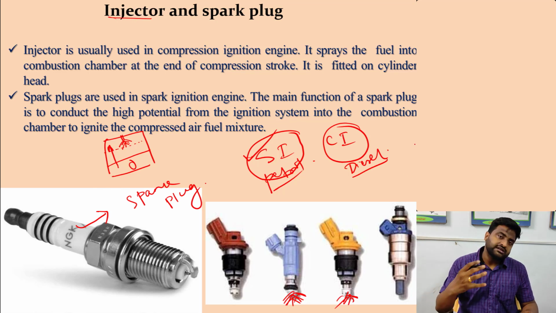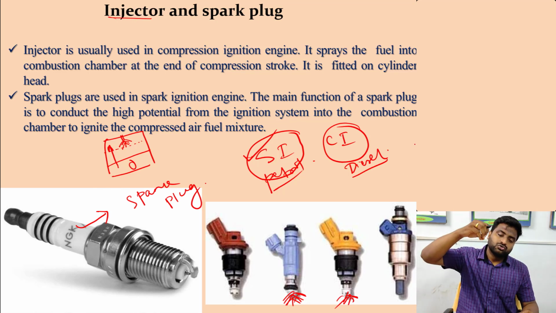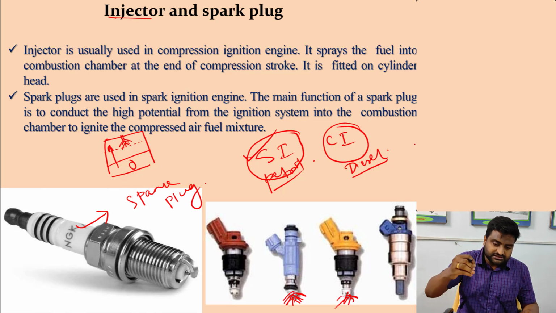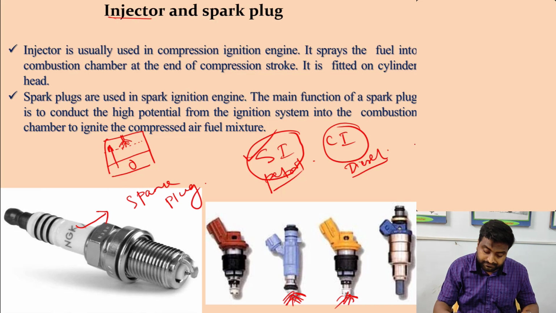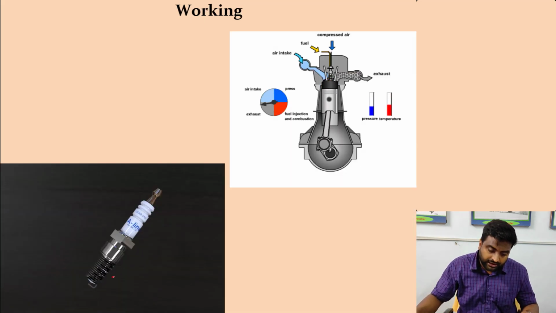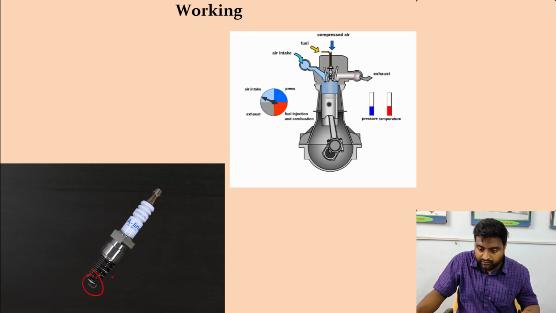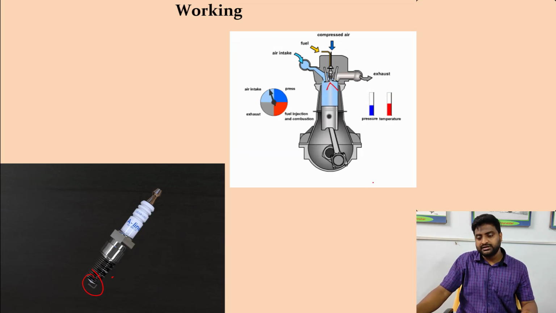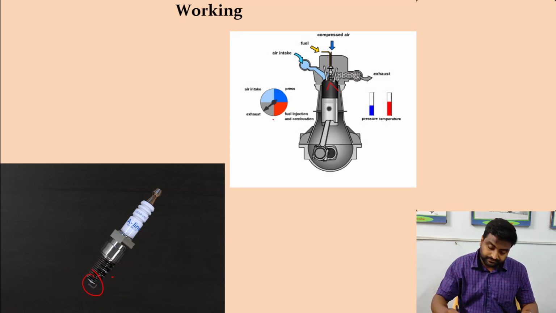In the diesel engine the fuel injector will spray the fuel inside the cylinder. Okay. So you can see over here in the animation how the spark takes place, and how the fuel injection takes place. You can see, the fuel is injected and the combustion, the hot red part, is known as the combustion. Okay.